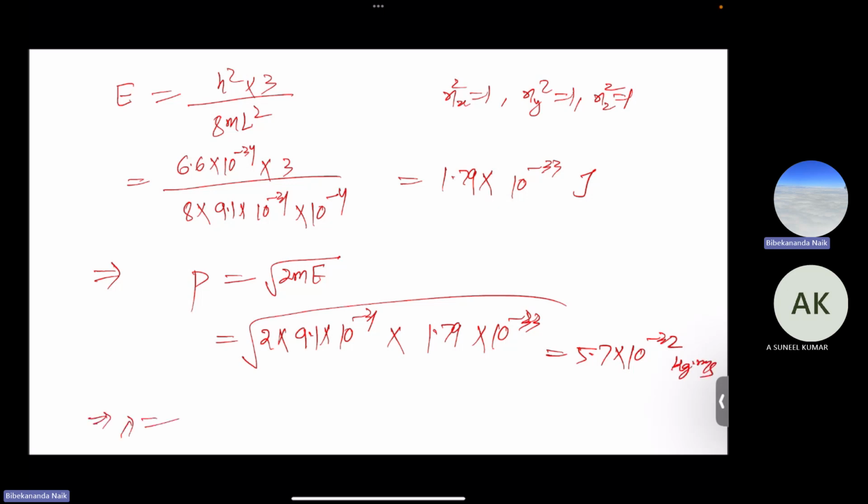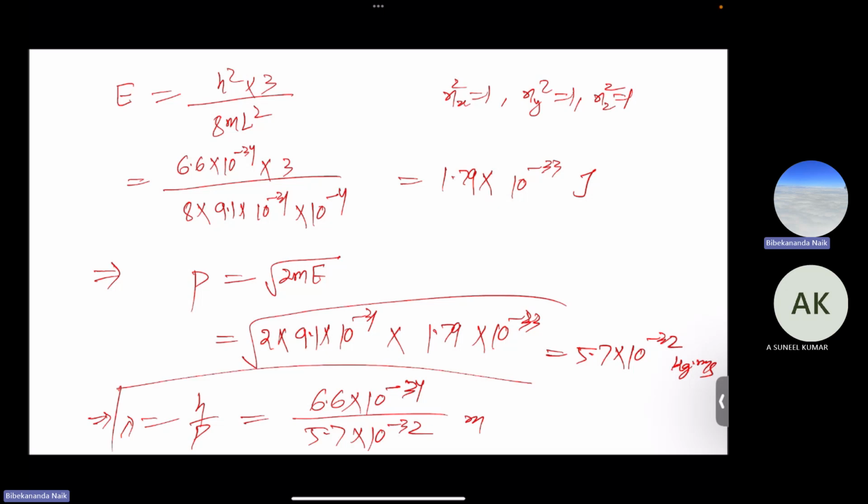And then lambda is h by p. It is 6.6 into 10 to the power minus 34 divided by 5.7 into 10 to the power minus 32 meters. That is 1.1 centimeter. So the correct option will be option C. Sorry, option B.